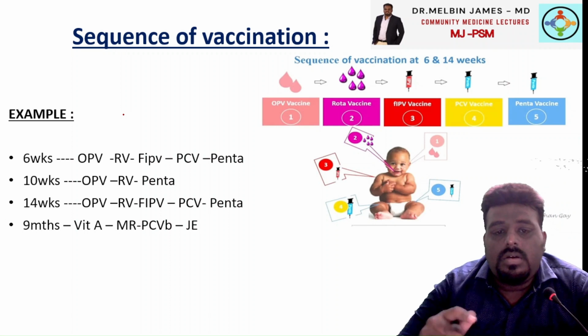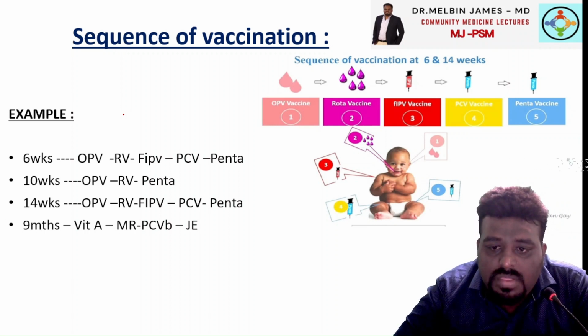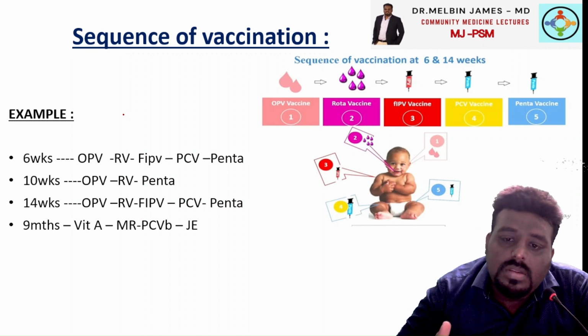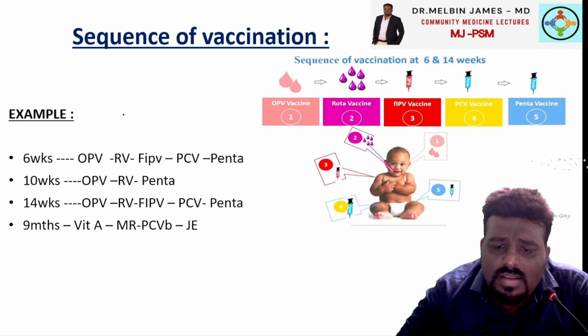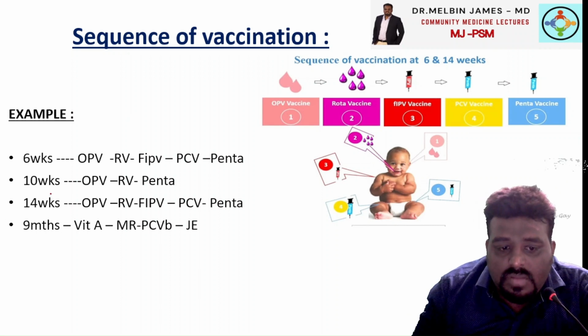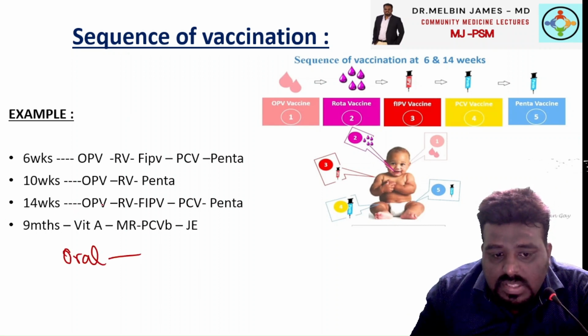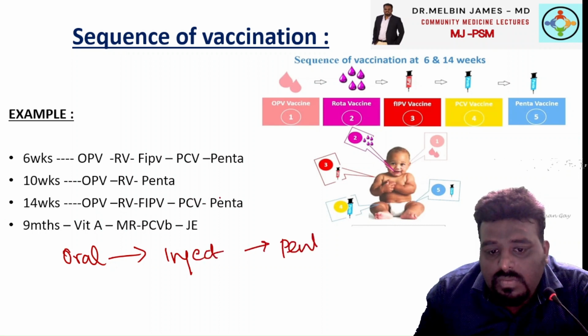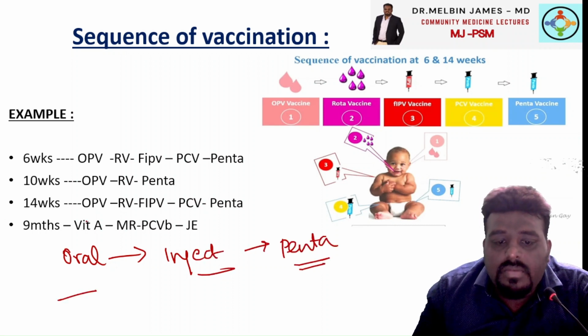And the sequence of vaccination is important because whenever you invite the child, if you invite the child directly with the injection, the child won't cooperate. So the program has devised a sequence. First we invite the child with the oral one, then the injectables, and finally the most painful injection, that is penta, we give last.